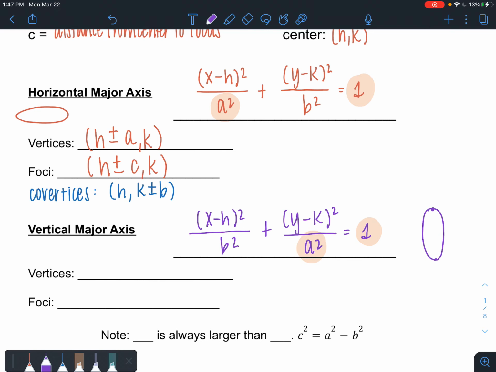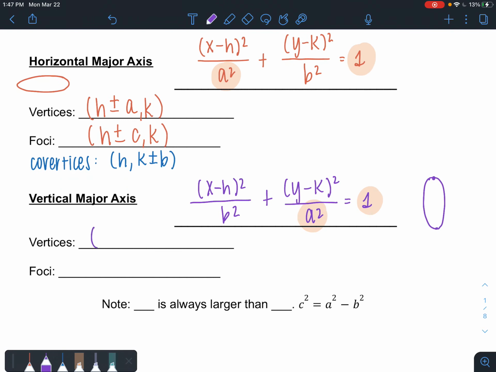Our vertices would then be (h, k plus or minus a), and the foci would be (h, k plus or minus c), and the co-vertices are (h plus or minus b, k). All right, and then this note says that a is always larger than b.